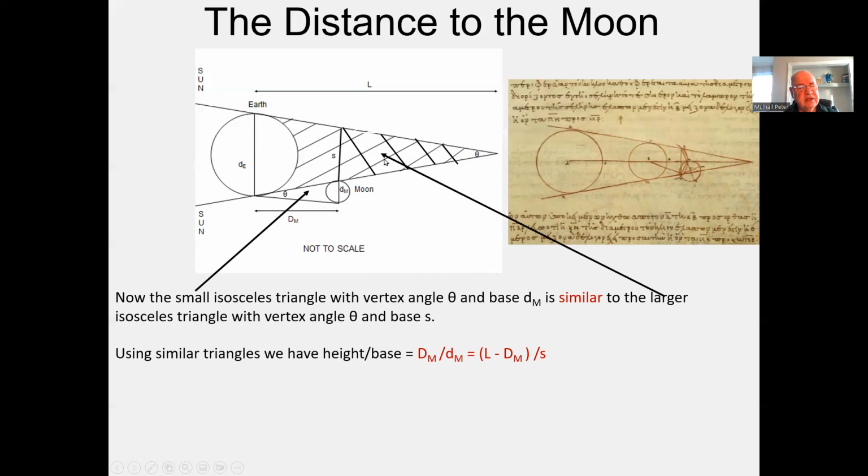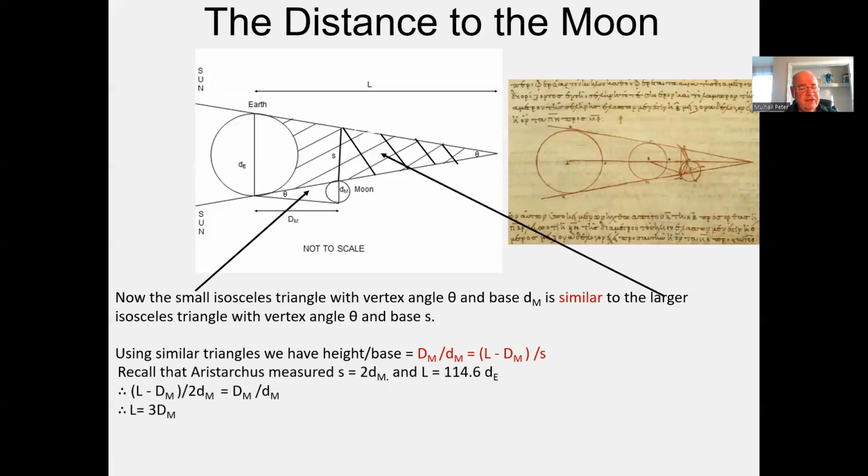But what is this height? This is nothing more than L minus the distance to the moon. The height of this triangle here is all of L minus the distance to the moon. So the height is to the base as the height is to the base. The last of his sing-song proportional sides triangles.